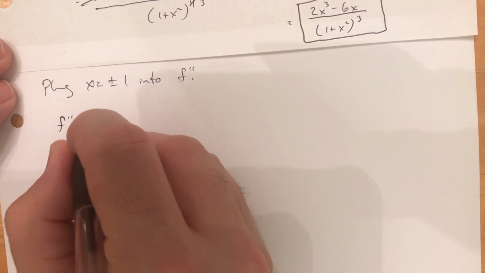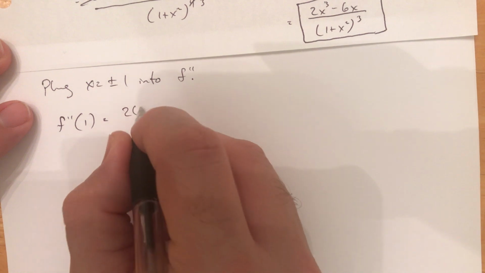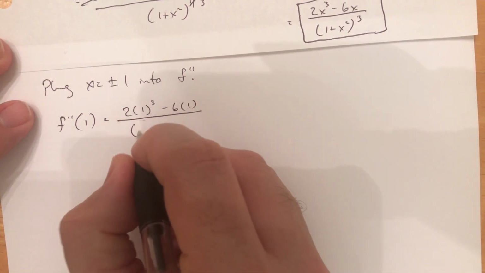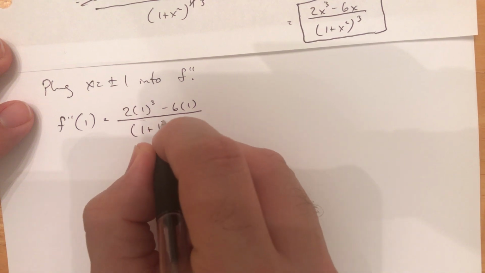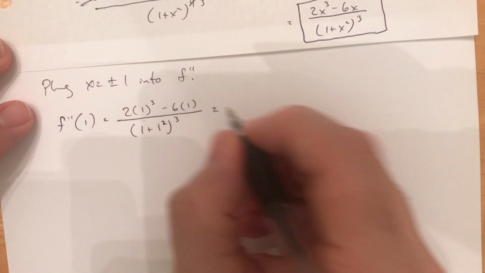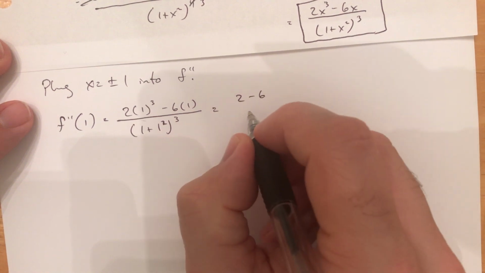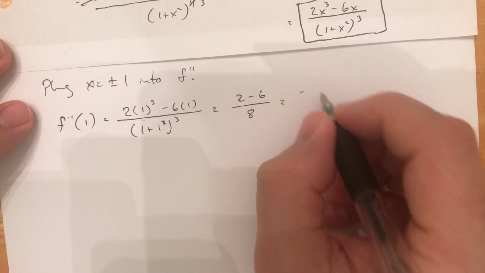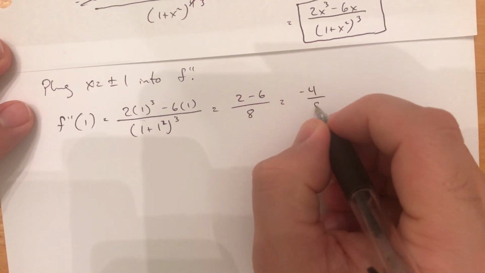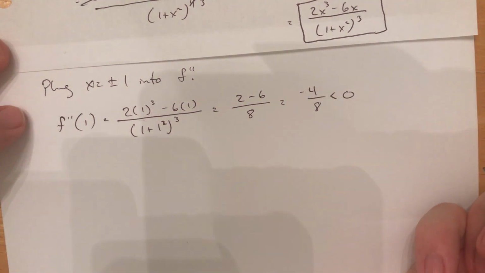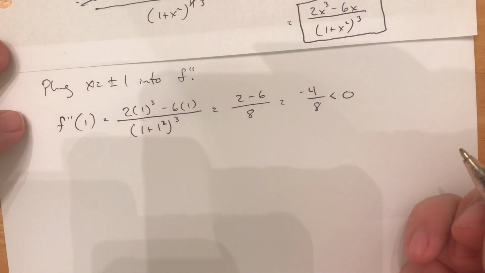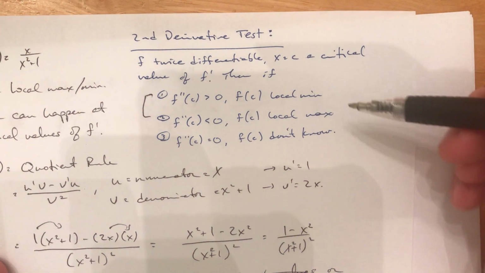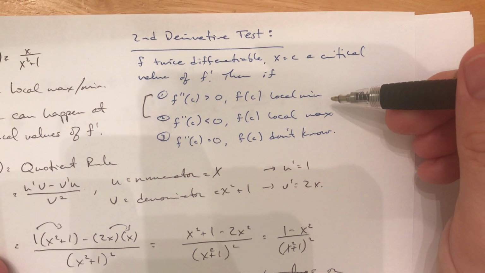f double prime of 1 is 2 times 1 cubed minus 6 times 1, all divided by (1 plus 1 squared) cubed. That's 2 minus 6 over 8. That's negative 4 over 8. That's negative a half. That's less than 0. And go back to our description of the second derivative test.